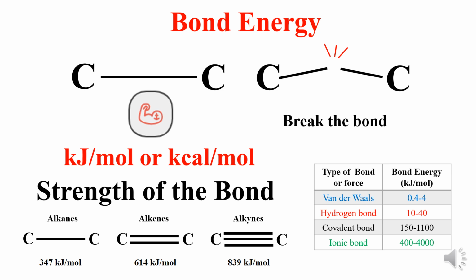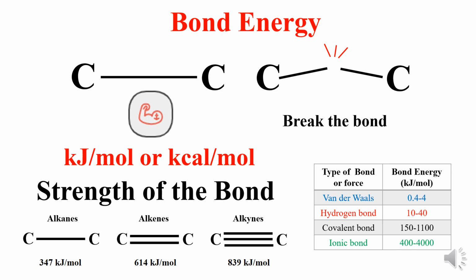So what is the key takeaway from the discussion so far? Now the key takeaway is that the carbon-carbon triple bond in alkynes is stronger than the carbon-carbon double bond in alkenes, which is much stronger than the carbon-carbon single bond in case of alkanes.